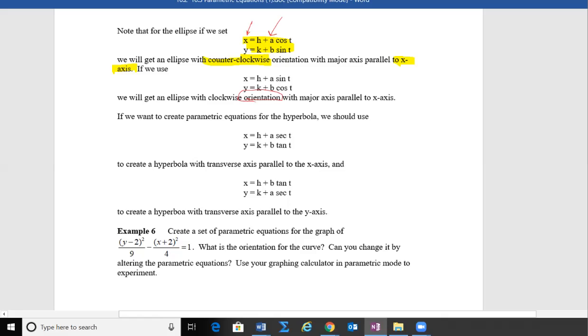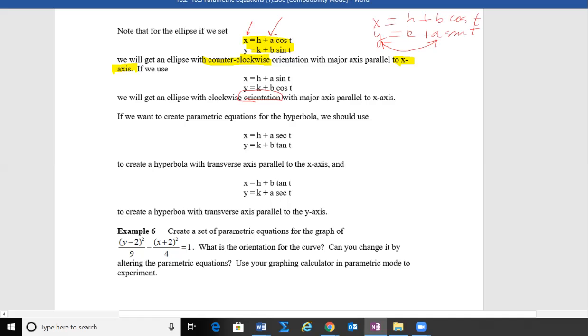If you want to go parallel to the y-axis, then you'll put your y with the a. It doesn't matter sine or cosine, but you'll have your equation y equals k plus a sine t, and then x equals h plus b cosine t. That would be an example of getting your major axis parallel to the y.